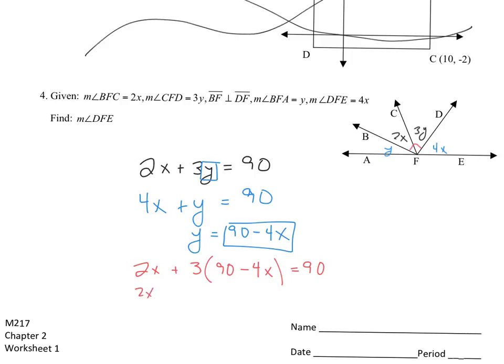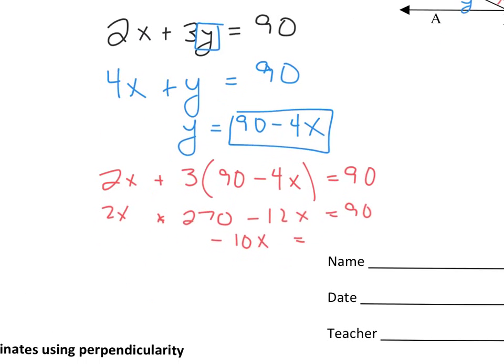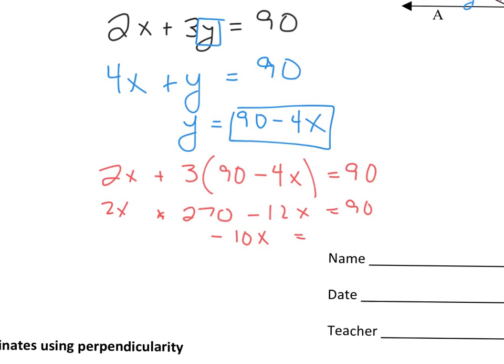So that's 2x plus 270 minus 12x is equal to 90. So 2x minus 12x, that's a negative 10x, and I'm also going to subtract 270 from the other side. And 90 minus 270 is negative 180. So then x is equal to positive 18.